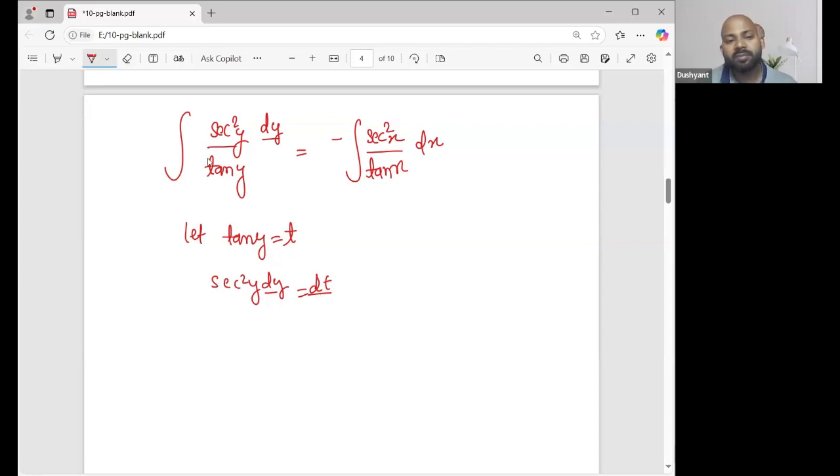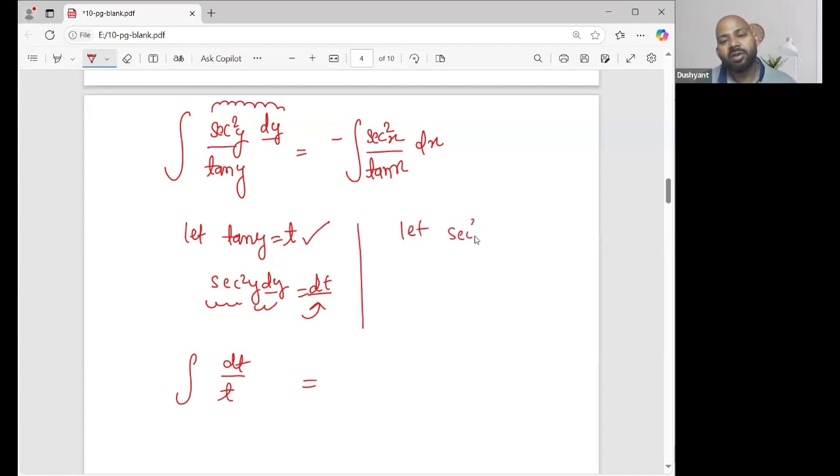Now here we have sec square y dy, which equals dt, and tan y we have considered t. So this will become dt over t. The right hand side is the same thing.